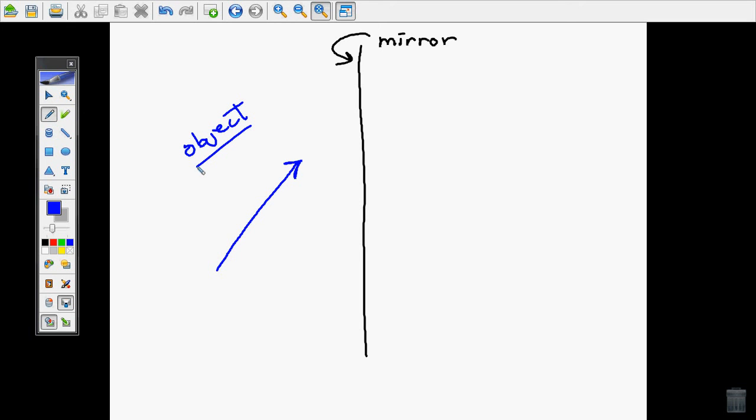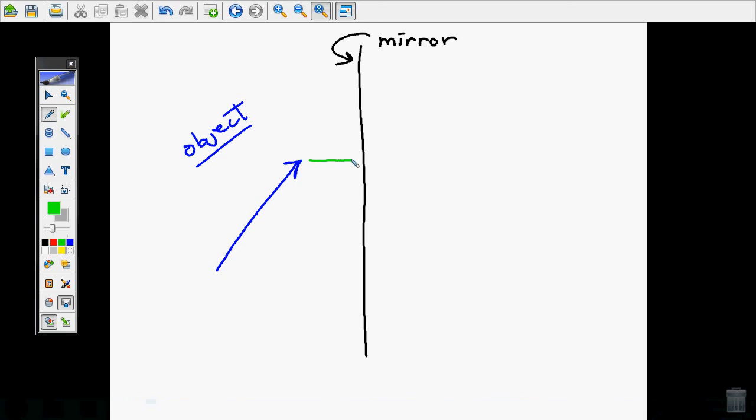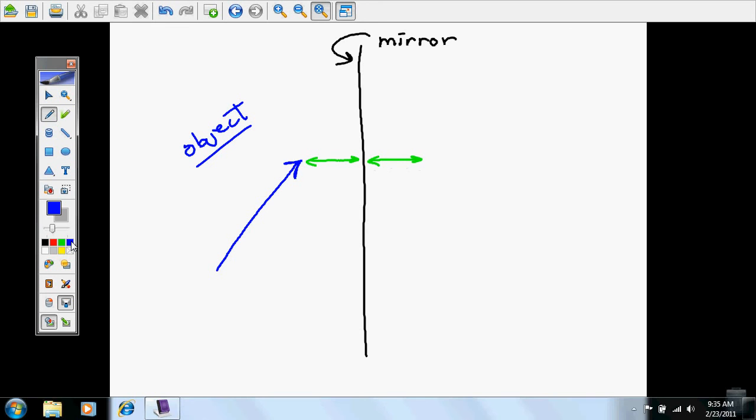And whether it's giving off its own light, or whether it's diffuse reflecting light from the ceiling, if you draw a ray diagram to locate the image, well, we know however far this is, then the image head is going to be the same distance over here.